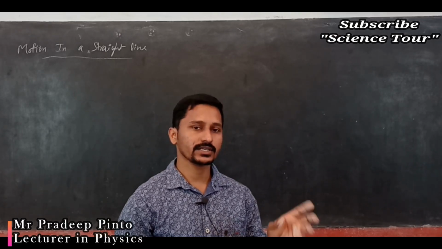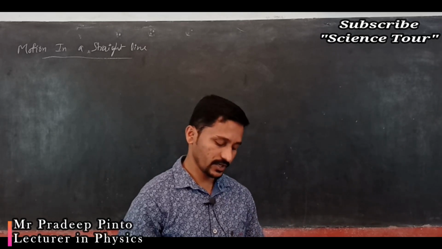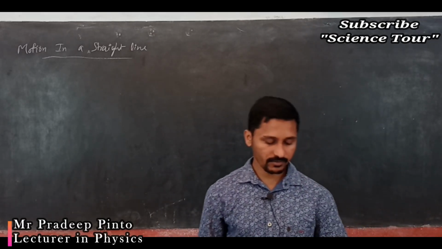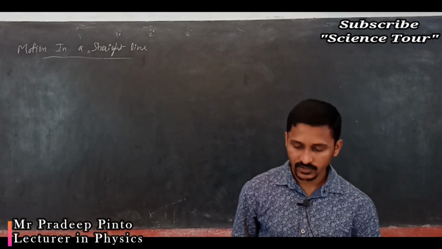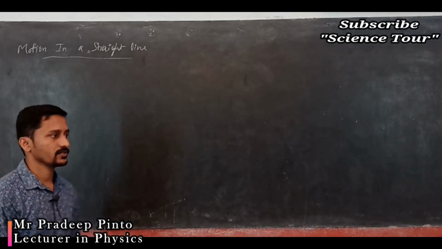For that they are going to ask you the dimensional formula. So as we discuss all the quantities, we are going to talk about dimensional formula. Okay, average speed, average velocity, all those things we know.